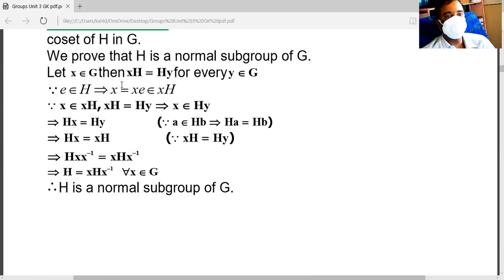What is xH? xH is equal to Hy. That way, I replace xH with Hy. That is, x belongs to Hy. Then we know that a belongs to Hb implies Ha is equal to Hb. Okay? Similarly, x belongs to Hy means Hx is equal to Hy. Is it right? Hx is equal to Hy by using this condition.